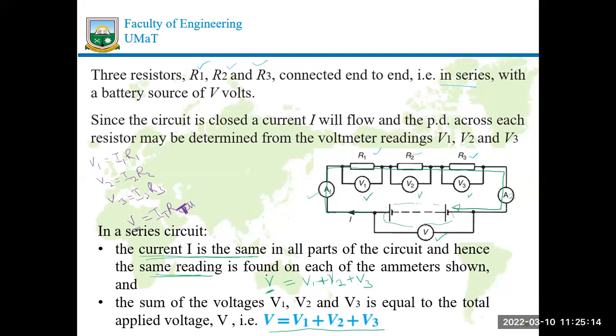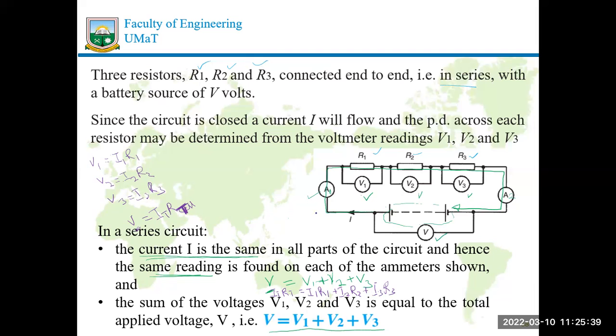So V can be said as IT times RT, being equal to I1 times R1 plus I2 times R2 plus I3 times R3.